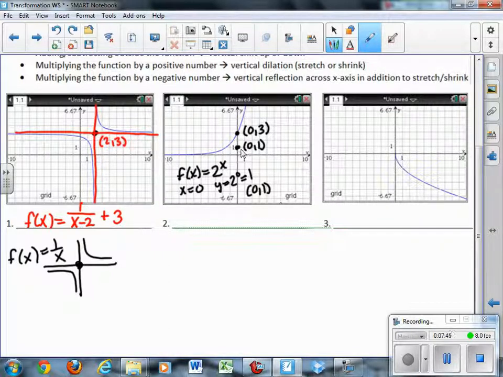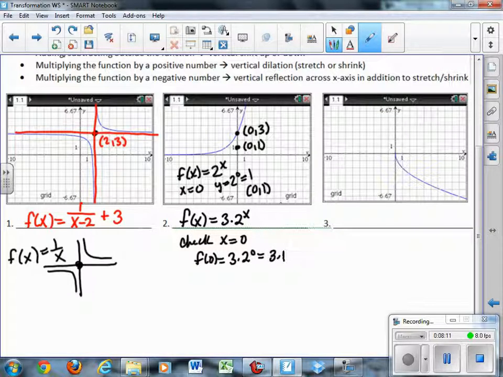What did I have to multiply by to get (0, 1) to become (0, 3)? Well, I would have to multiply by 3. So let's check this out. Now my function would look like this: f(x) = 3 times 2 to the x. If I want to check a point, I could put x equals 0 into the function, and I would get f(0) = 3 times 2 to the 0, which is 3 times 1, which is 3.